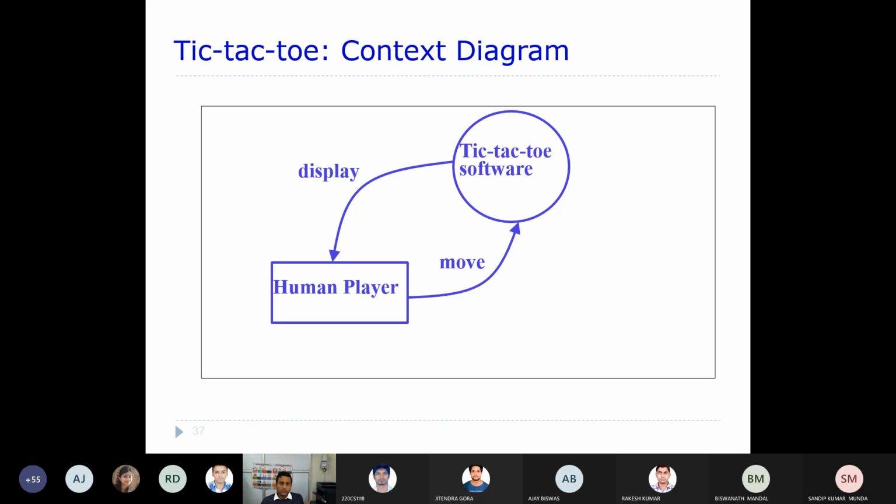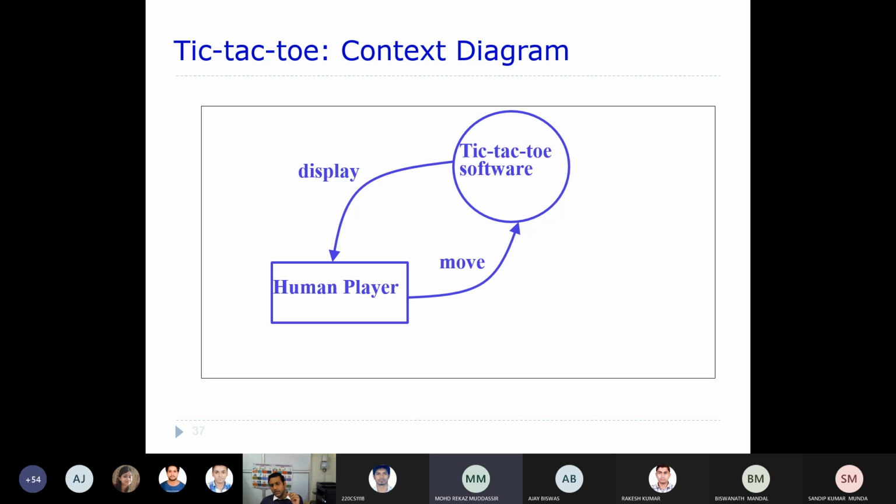So the whole software you are going to develop is labeled with that software's name, that function name. And then there is a human player. What sort of entity is the human player? Can anyone tell me? External entity. It's the external entity.